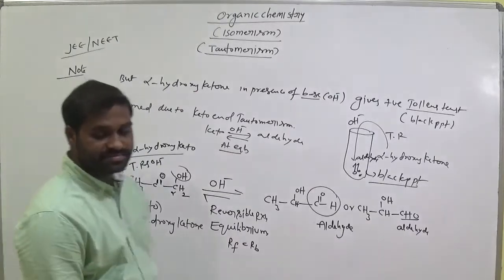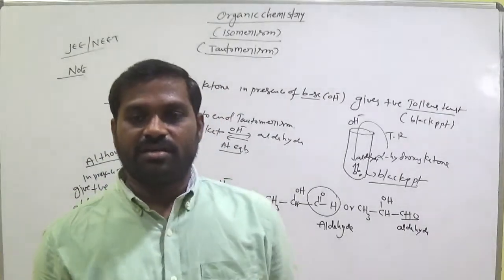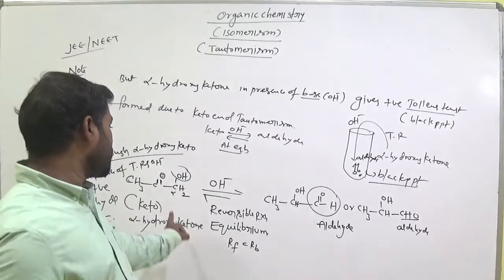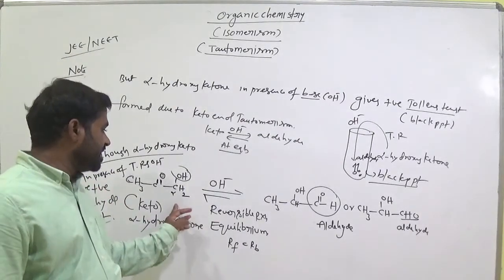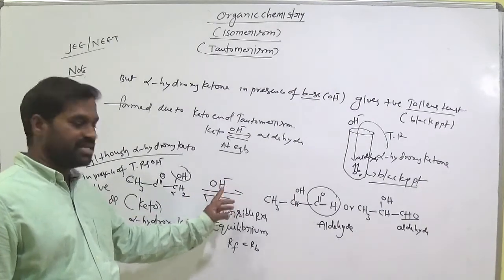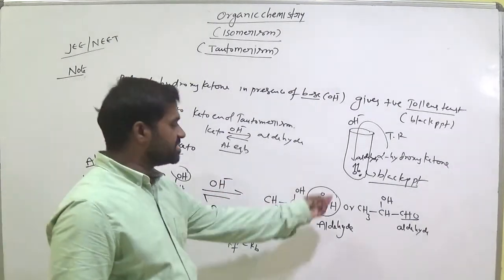Am I right, everyone? Simple. Here this is the keto compound. It does not give Tollens test actually, but this keto compound in presence of OH minus is converted to aldehyde group in the single test tube.